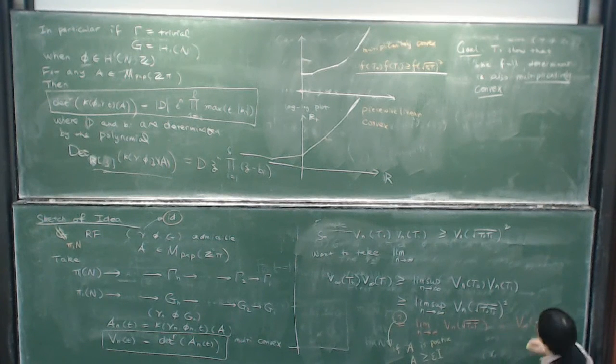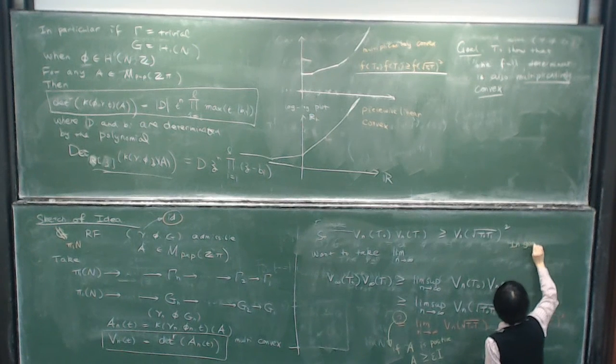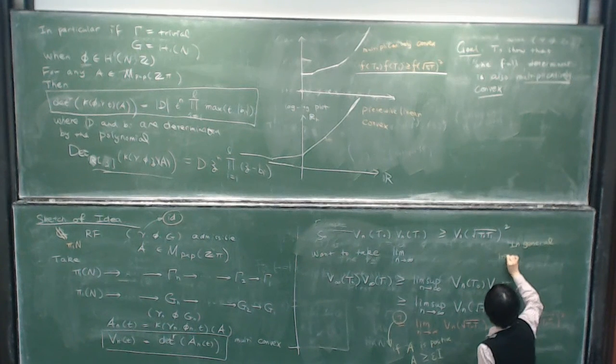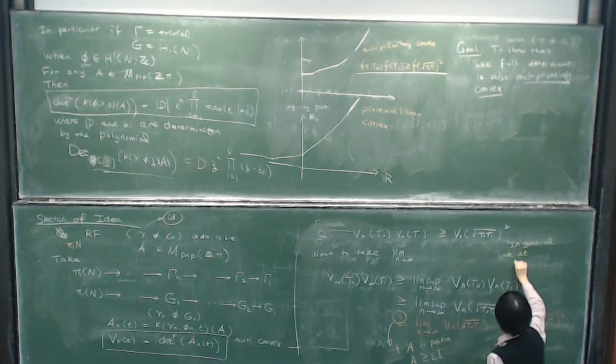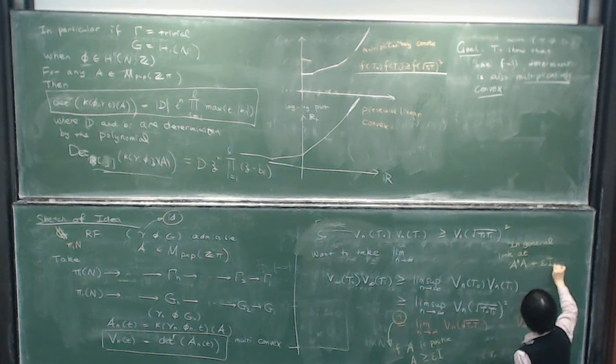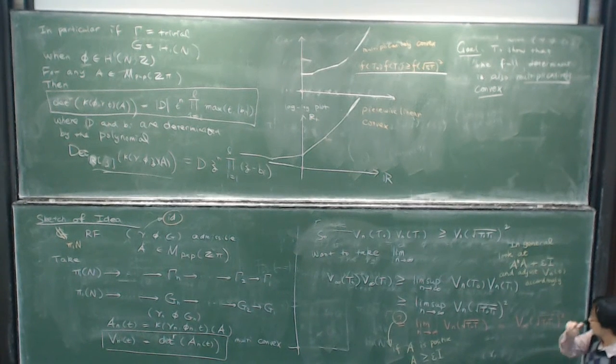And I claim that the trick you need to do is that you look at another matrix coming from A, but it looks like A star A plus epsilon I. And you just adjust V and T accordingly.